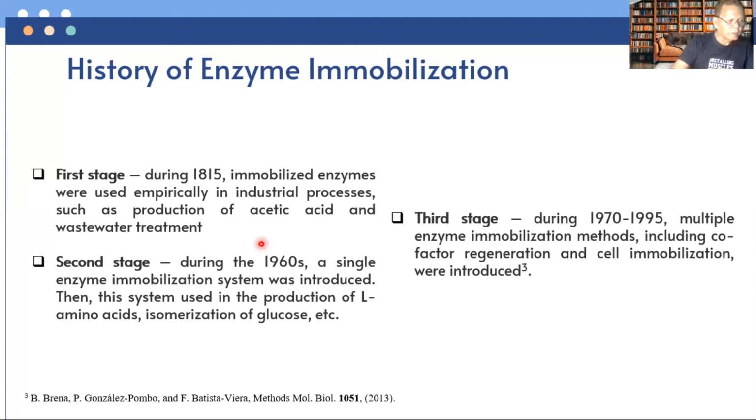This system was then used in the production of L-amino acid, isomerization of glucose, etc. The third step, during 1970 till 1975, multiple enzyme immobilization methods, including cofactor regeneration and cell immobilization, were introduced.